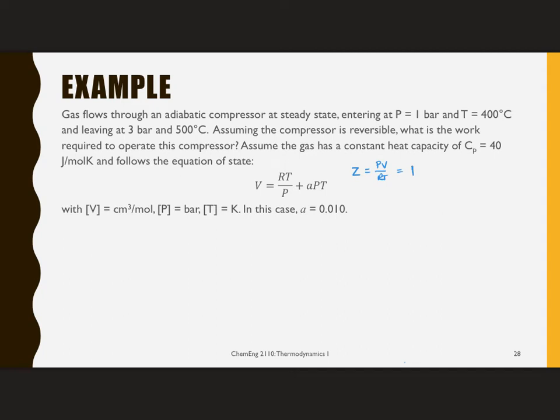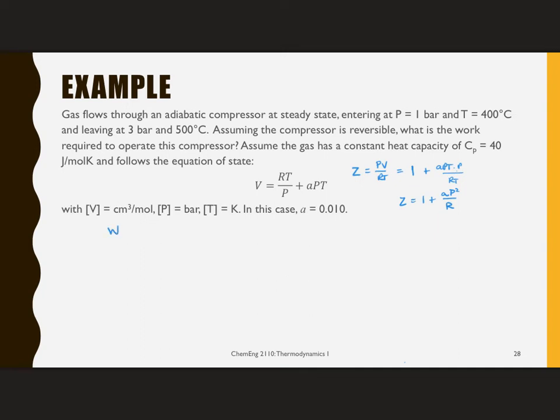The first piece is 1, and A P T times P over RT says Z is equal to 1 plus A P squared over R. Z is a function of pressure, the way this is written out, not temperature, but pressure.